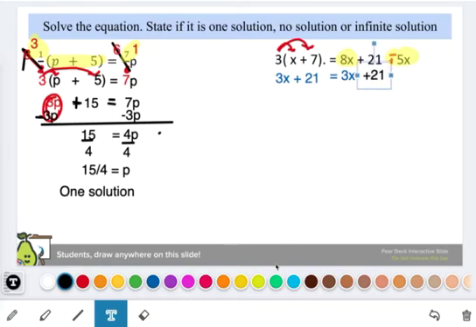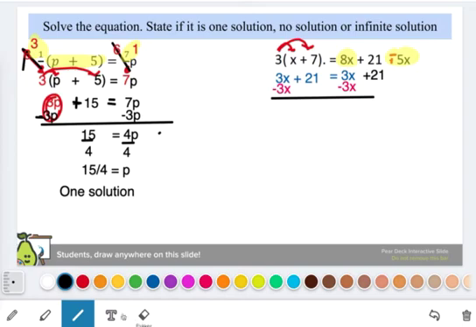Okay, let's make 0 to both sides because each side has a plus sign. Let's make 0 to the variable. 3x minus 3x to both sides. Okay, that's 0 there.